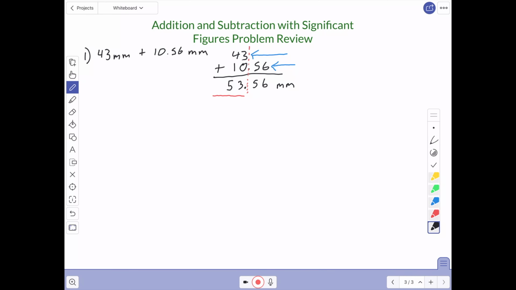So 3, look to the right, there's a 5, we need to be careful. We look to the right of the 5, are there non-zero numbers? There are, that means we round our 3 up to a 4. Our final answer, 54 millimeters. Okay, so now that we've had practice with that one, let's look to the next question.